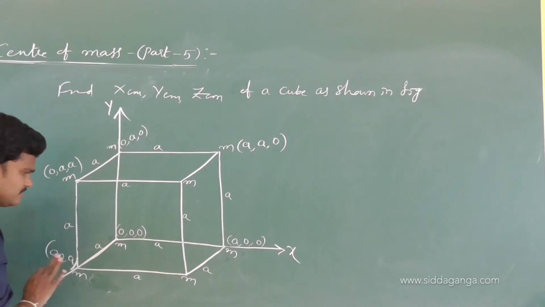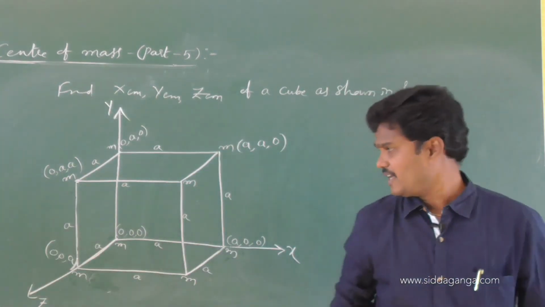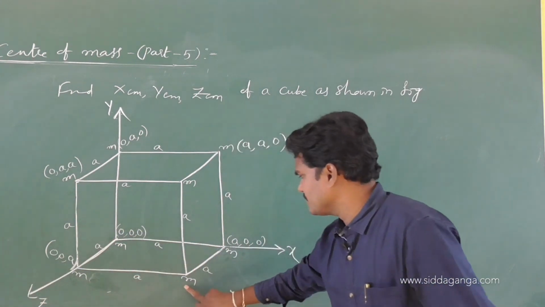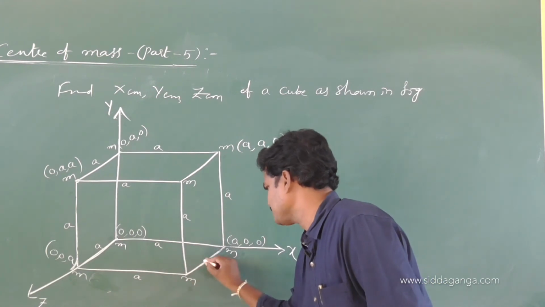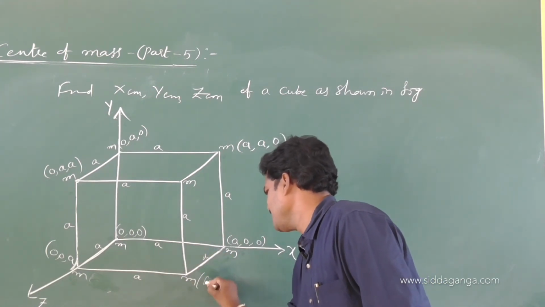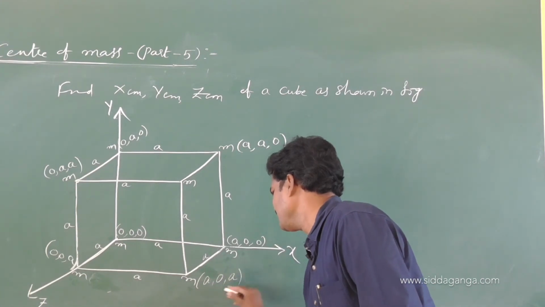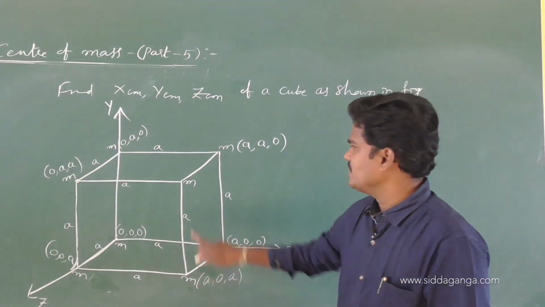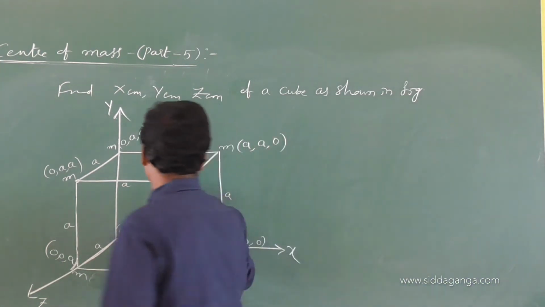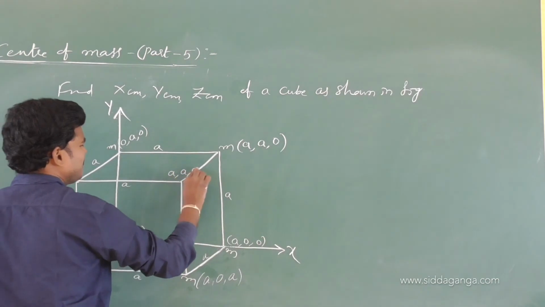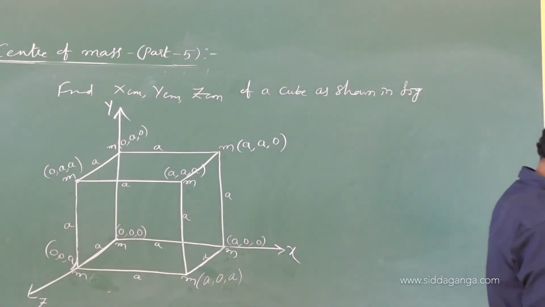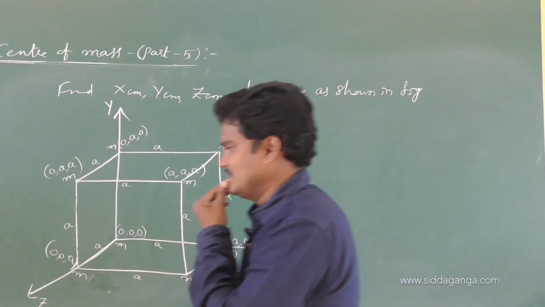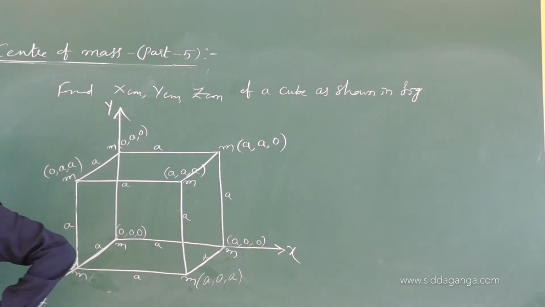I am writing very small based on the space. 0 0 a. This one completed. Coming to this, this is in the XZ plane. XZ means a 0 a. This is in the XYZ space, so a a a. See the coordinates. So written the coordinates.